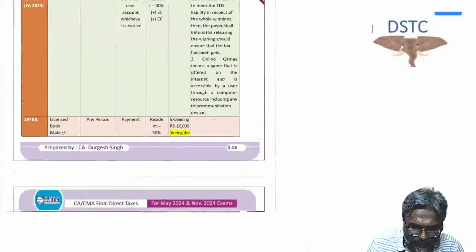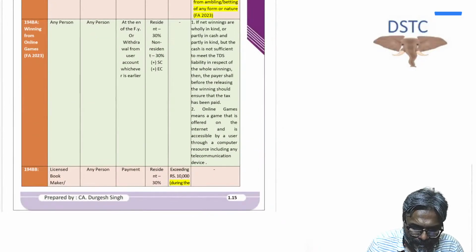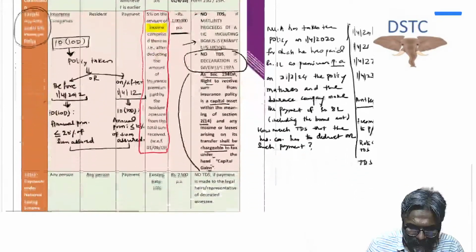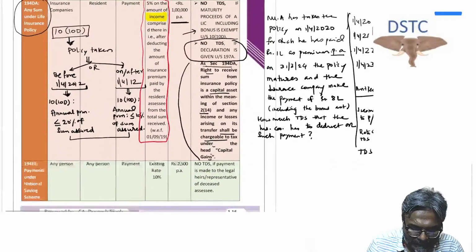So these are the two sections which are there in that regard. I hope that all of you are clear with this one. Every one of you. 194LA and 194IC.